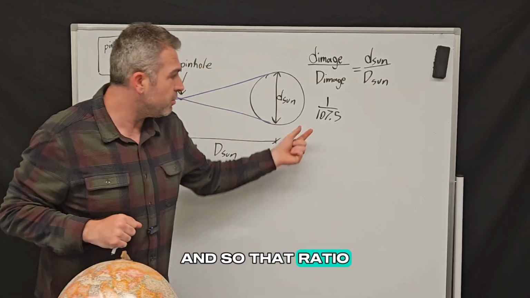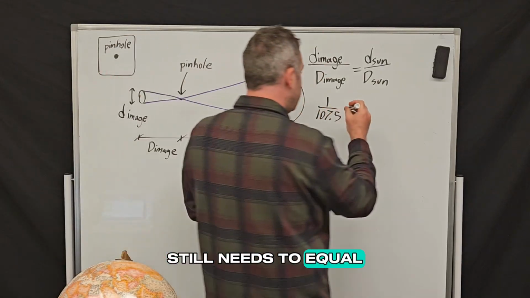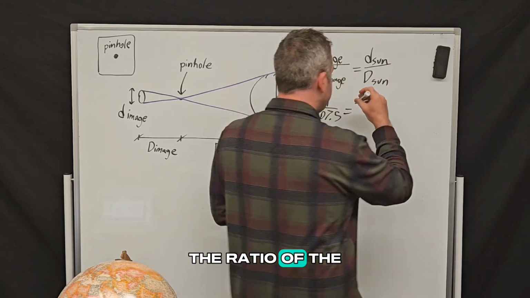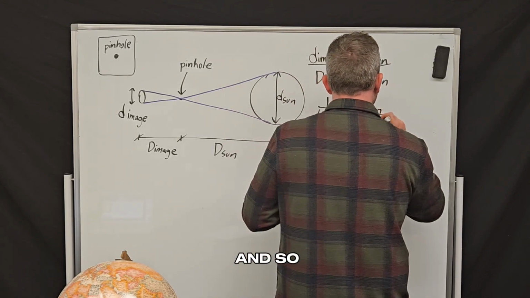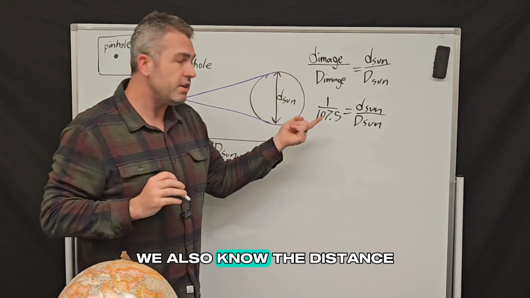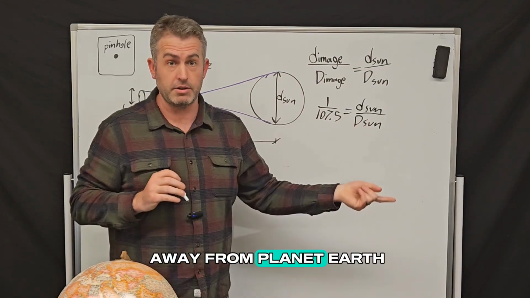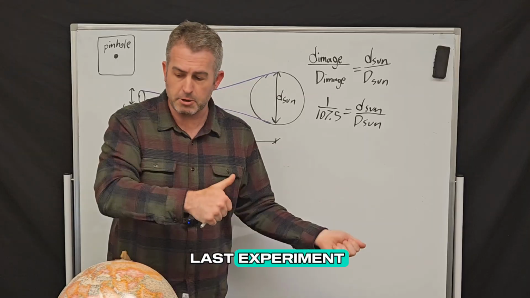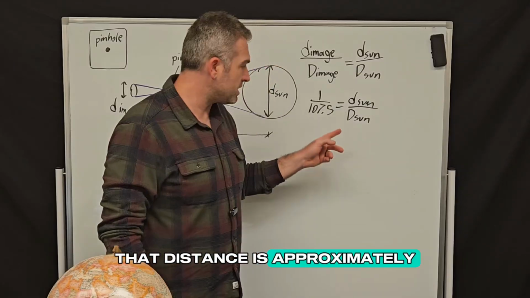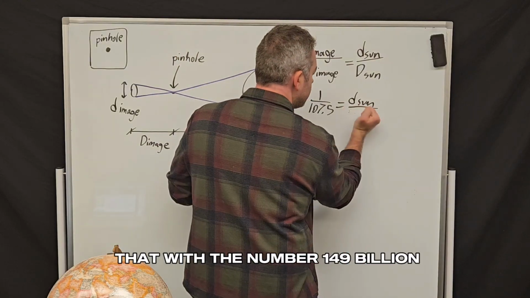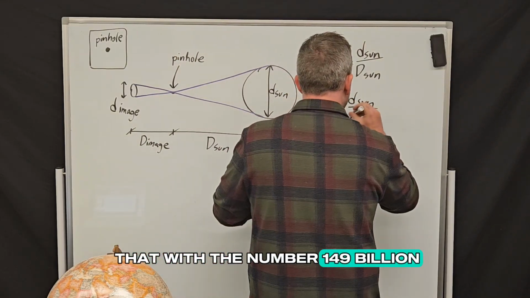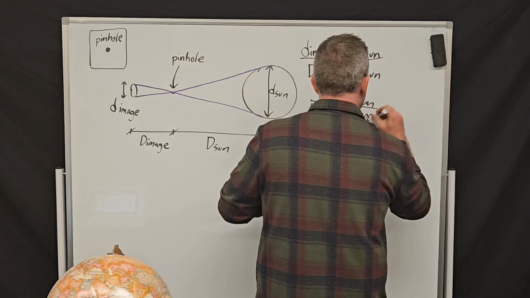And that ratio, because it's similar triangles, still needs to equal the ratio of the diameter of the sun to its distance away. We also know the distance that the sun is away from planet Earth because that's what we found out in the last experiment. Remember, that distance is approximately 149 billion meters away. So I'm going to replace that with the number 149 billion.